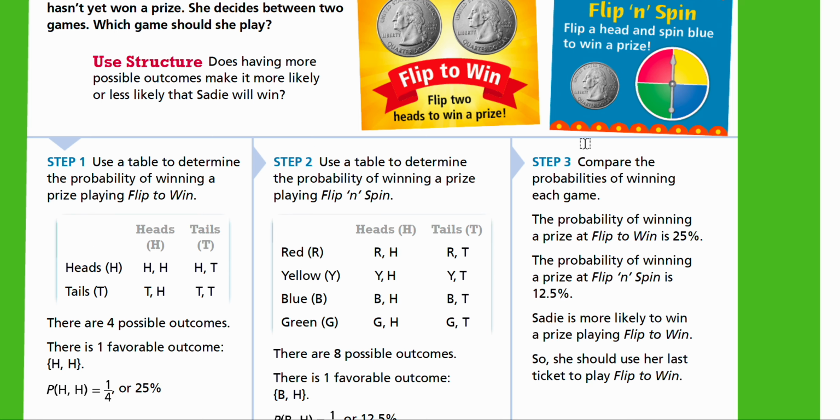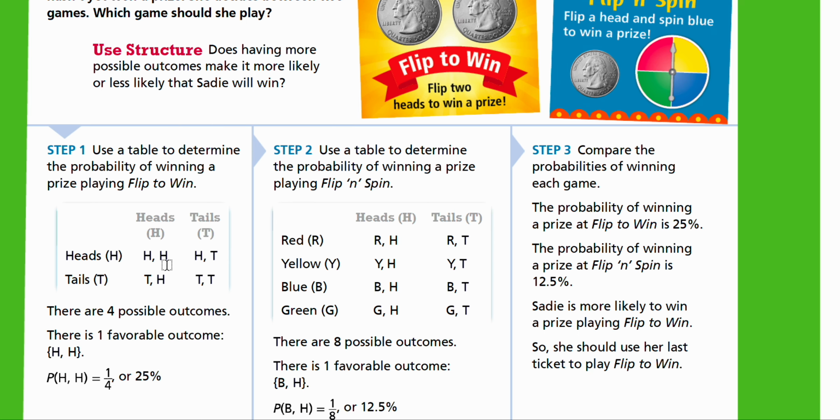So first, you can use a table to determine the probability of winning a prize playing flip to win. We can either have 2 heads, or a head and tail, tail then head, and then 2 tails, right? There are 4 possible outcomes total. But there's one favorable outcome, which is 2 heads. So from all the different outcomes, the probability is 25%, 1/4.